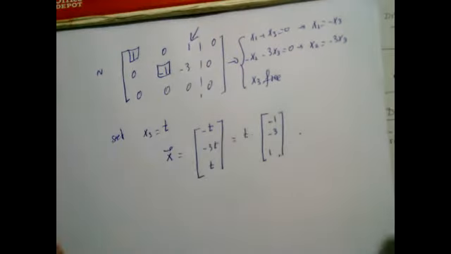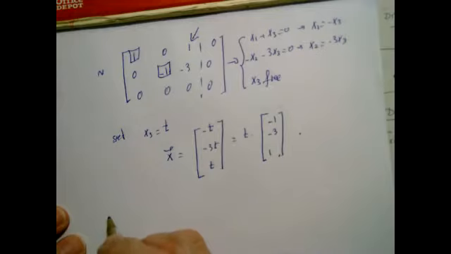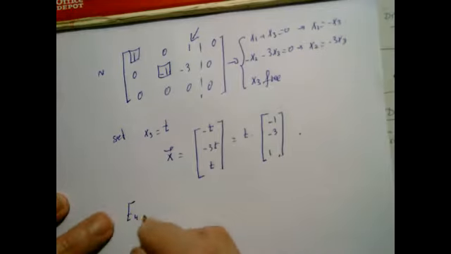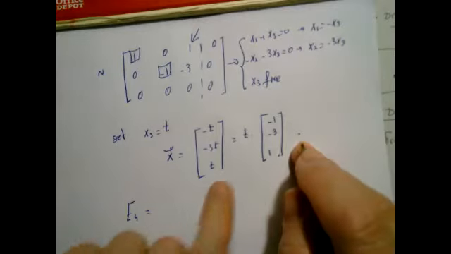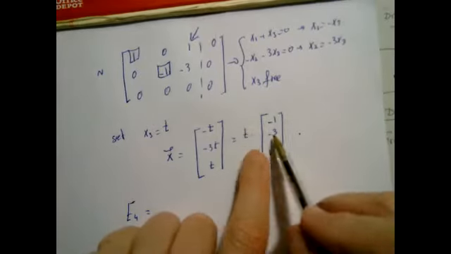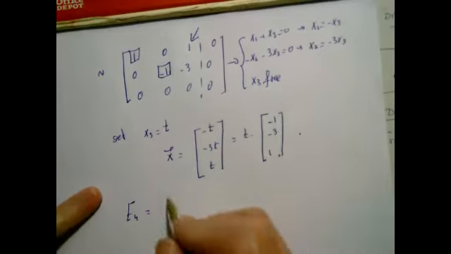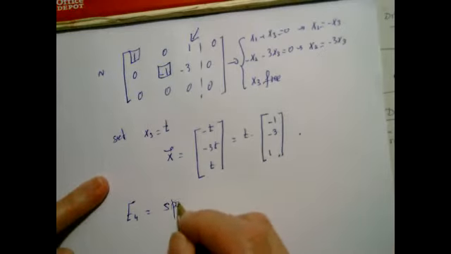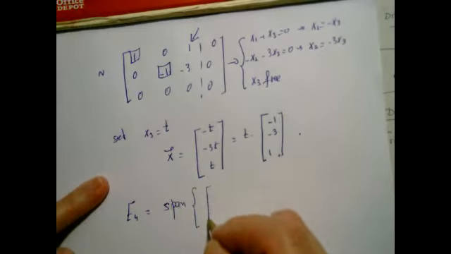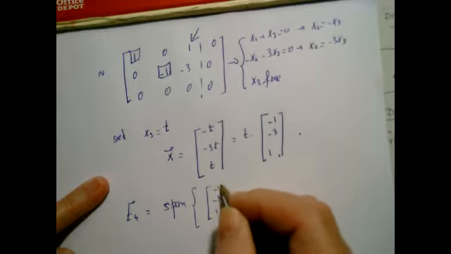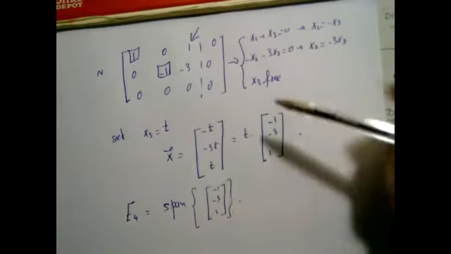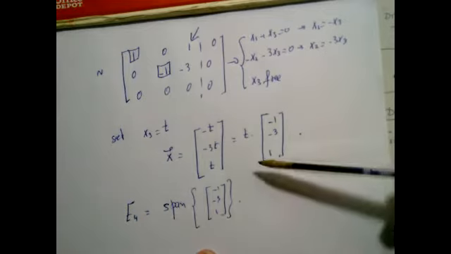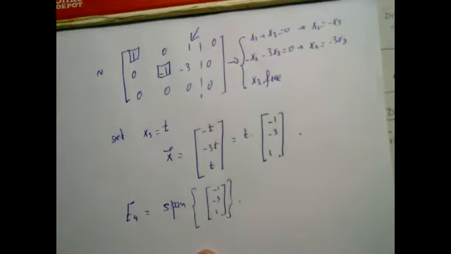Okay, so what does this mean? It means that the eigenspace E4 is all the eigenvectors, but every eigenvector is a scalar multiple of that. So E4 is nothing more than the span of this vector, because E4 is all the eigenvectors that correspond to lambda equal to 4.